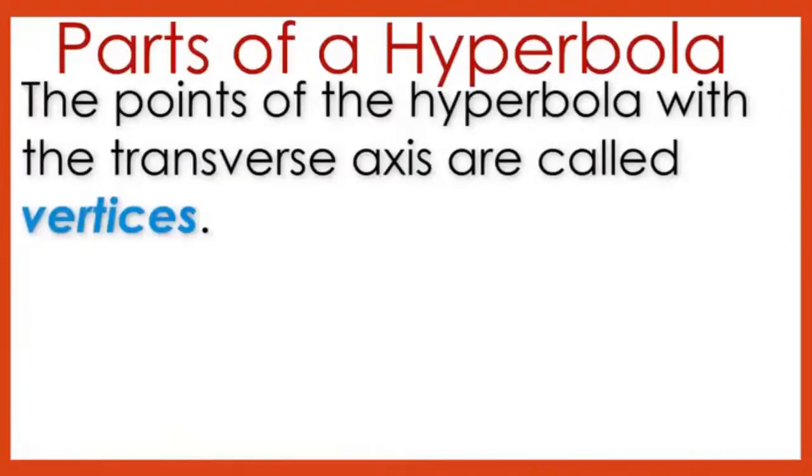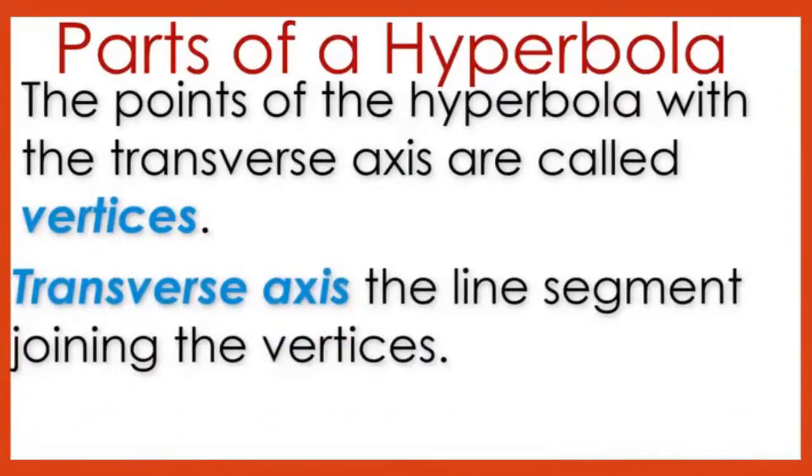Okay? Next, we have vertices and transverse axis. For the vertices, the points of the hyperbola with the transverse axis are called vertices. Ibig sabihin, kung nasaan yung transverse axis natin, naroon yung vertices natin. Okay? Kasi yung transverse axis natin, yun yung line segment joining the vertices.